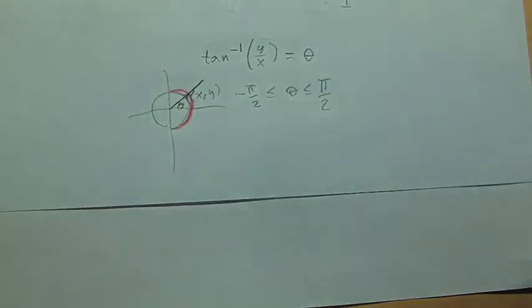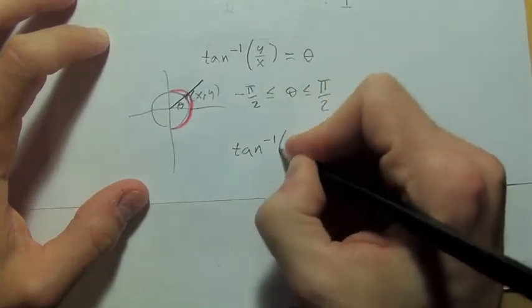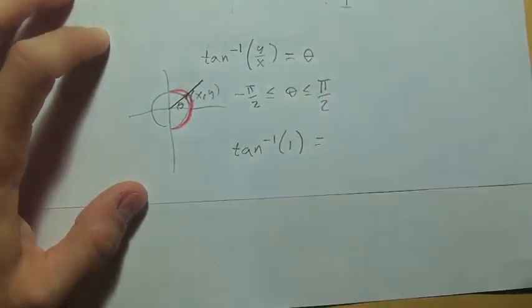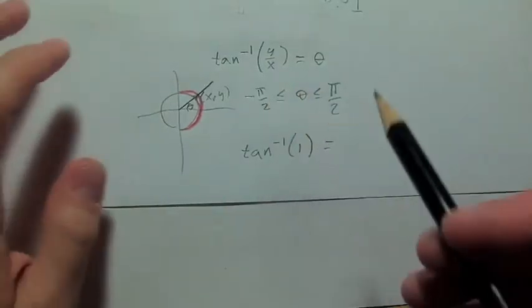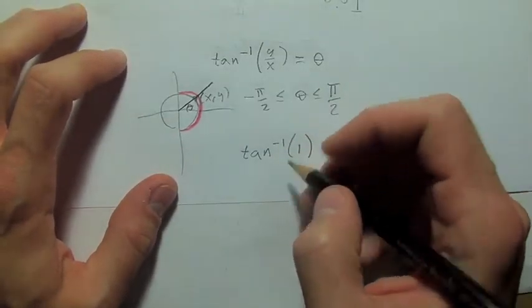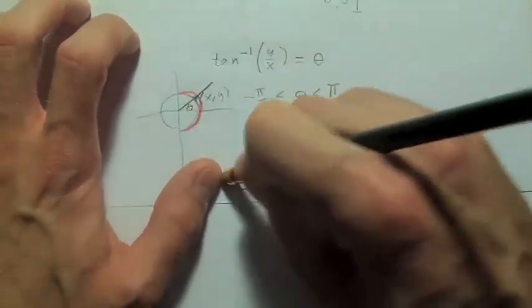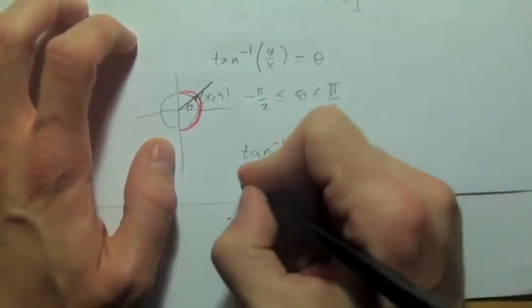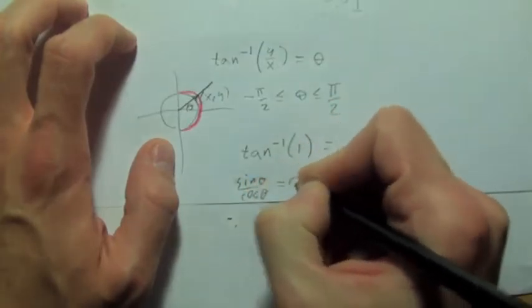Okay, so it does help to know some trig values for tangent, but if you don't, you can think about it like tan inverse of 1. Well, what is tan inverse of 1? In other words, this is the ratio y over x. Y over x, that's sine theta over cosine theta. And I want to know when that is equal to 1.